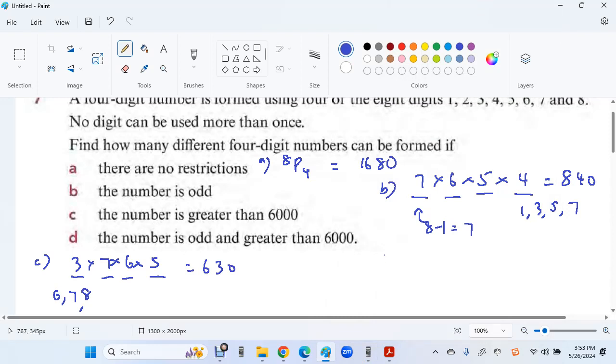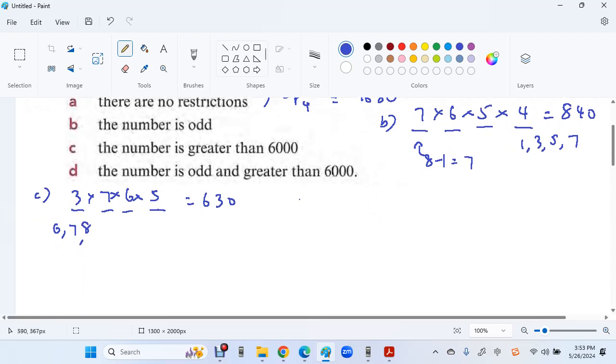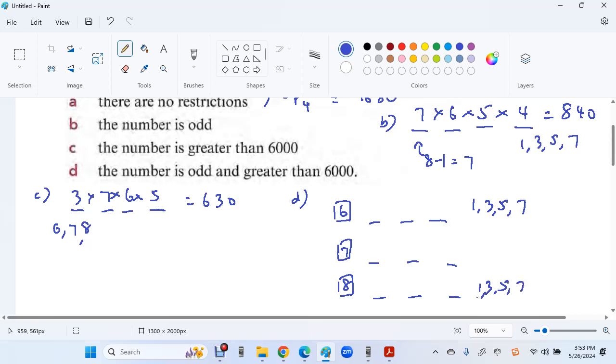And then D, the number is odd and greater than 6,000. Greater than 6,000, we can start with 6, start with 7, start with 8. And then odd, it can end with 1, 3, 5, 7, or 1, 3, 5, 7, or 1, 3, 5 when starting with 4. 7 cannot because 7 is used here already.